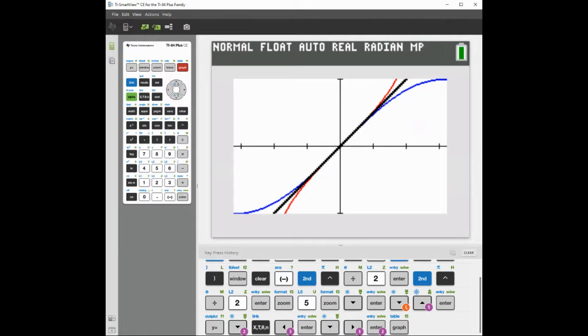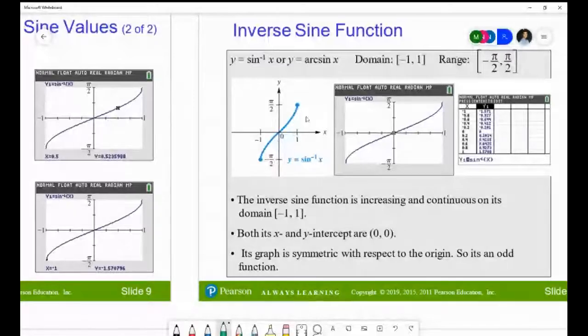All right. So let's go back to our whiteboard. Okay, so you can kind of see here that the graph of sine inverse looks like this.